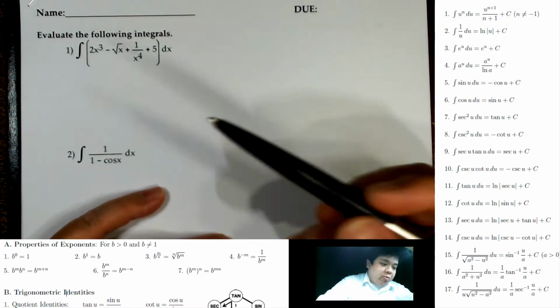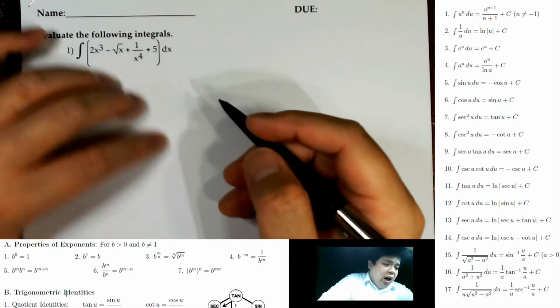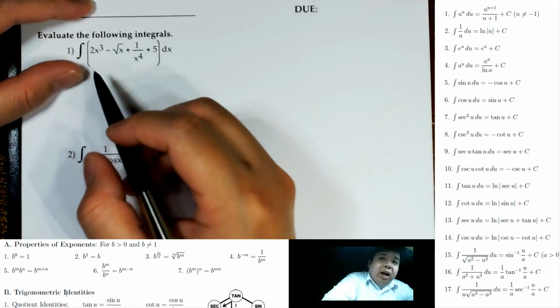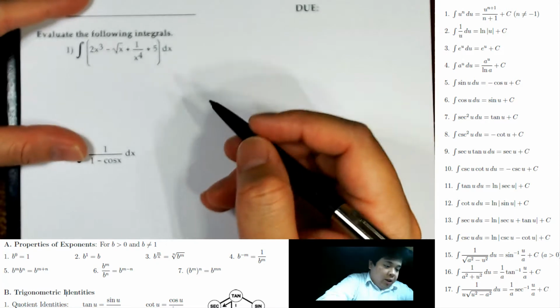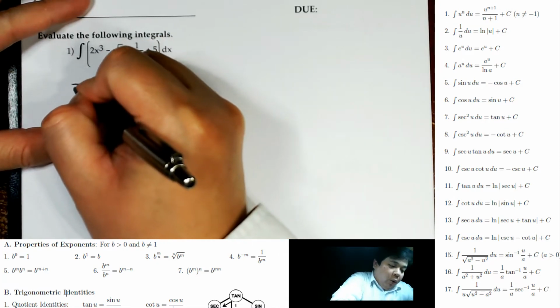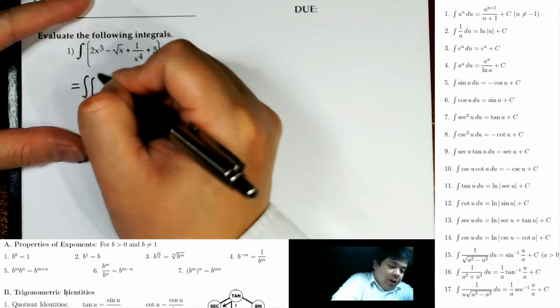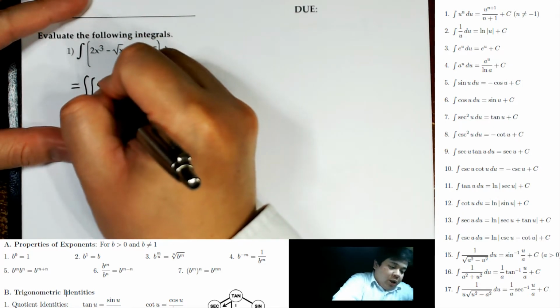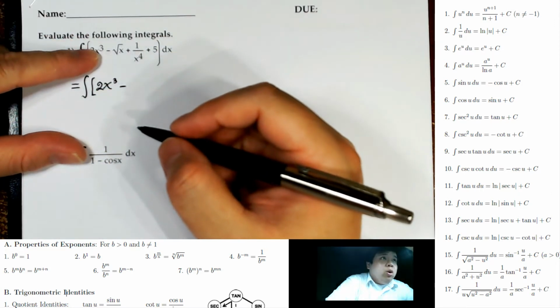This is just very simple, the power rule, the first formula on that side. So in order to integrate, we have to put them in a power term. So we rewrite that: 2x cubed still there, minus square root of x.